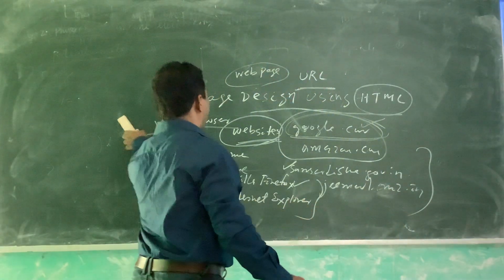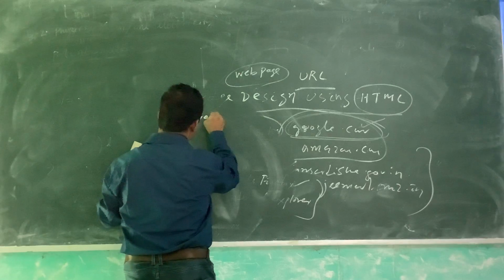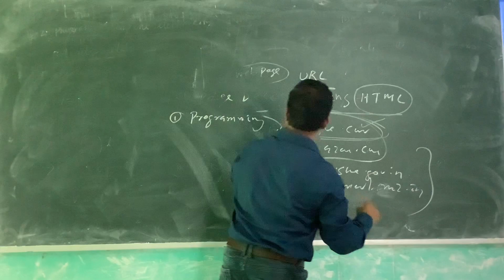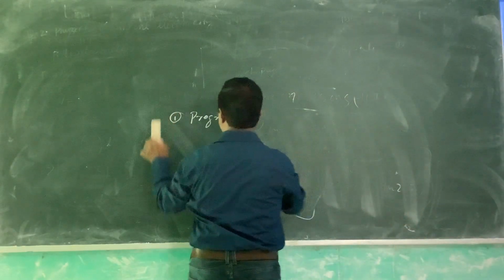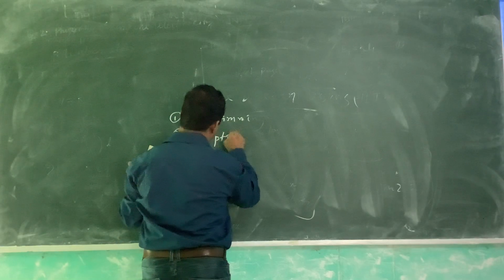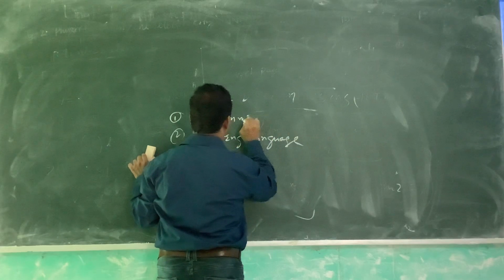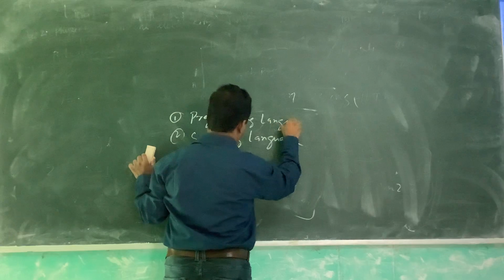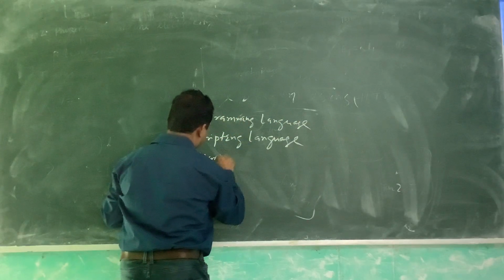So three types of languages are there: first, programming language; second, scripting language; and third, markup language.